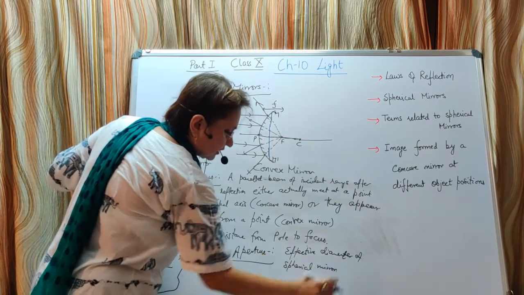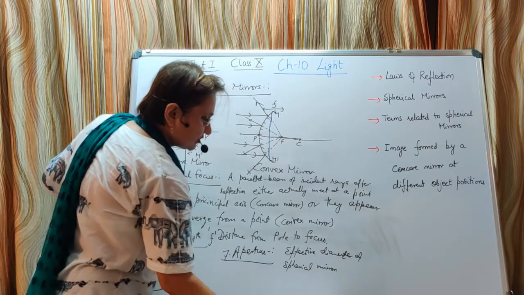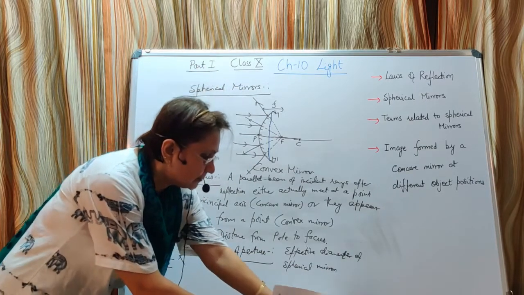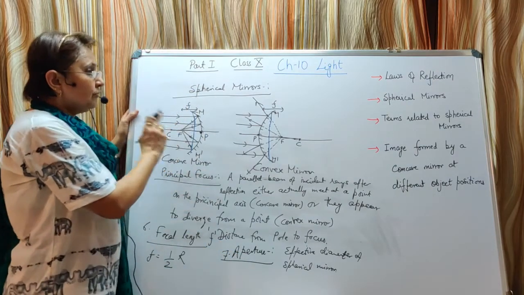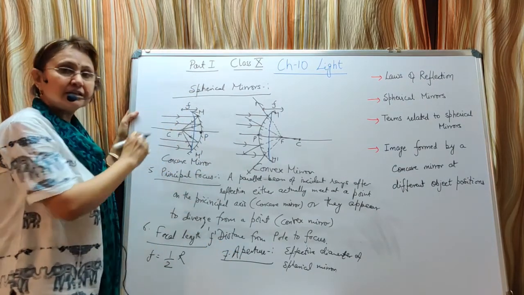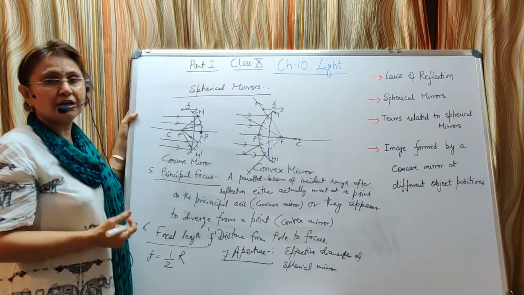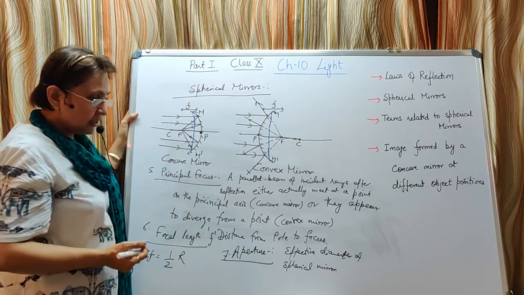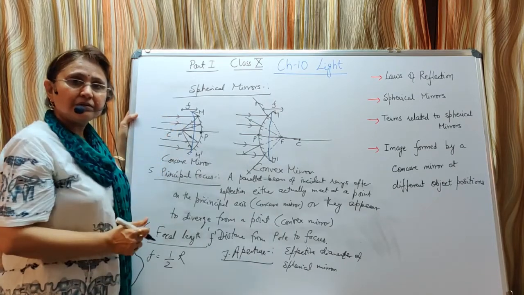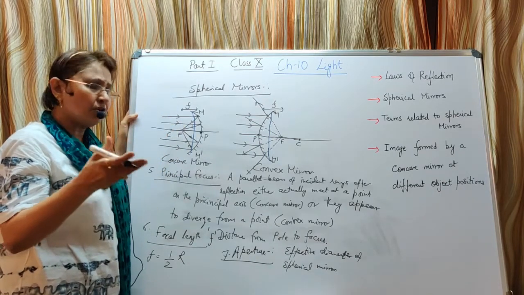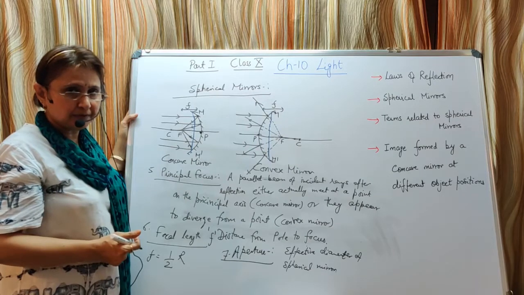So these are the terms which we have studied about spherical mirrors. Next we'll study one small experiment, that is how you can find out the focal length of a concave mirror. Take a concave mirror and a white sheet of paper, or better, a carbon paper.